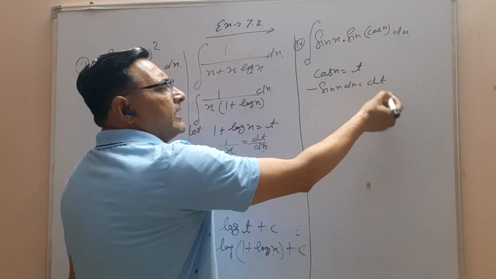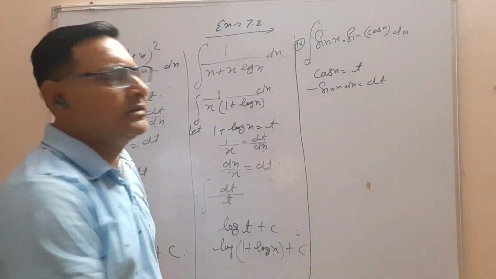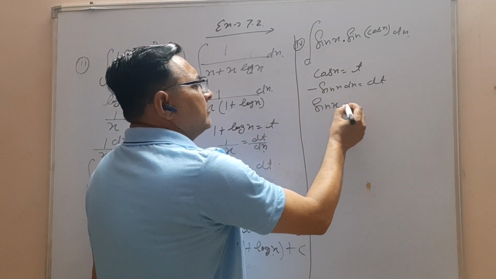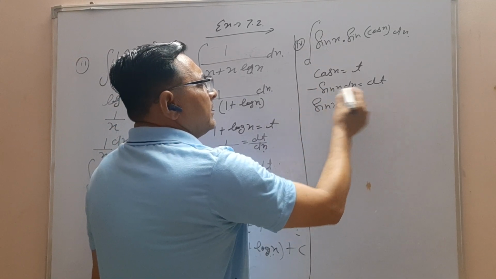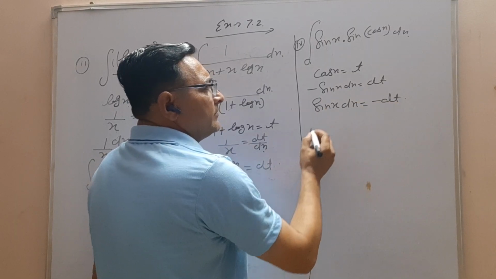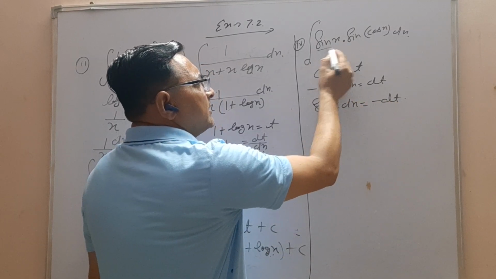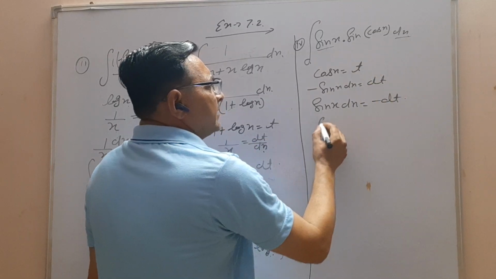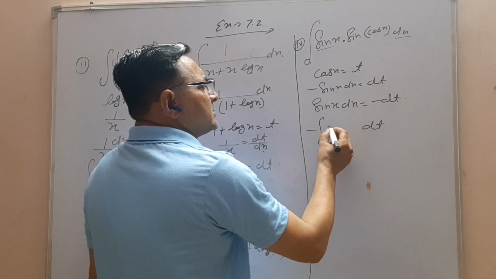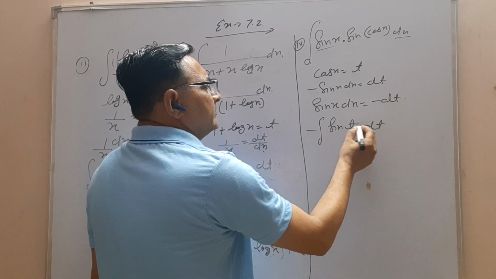Here it is dt by dx, so we cross multiply. But here we require the positive sin x. So what we will do is multiply by negative on both sides. So sin x dx will be minus dt, and it will be sine of t.